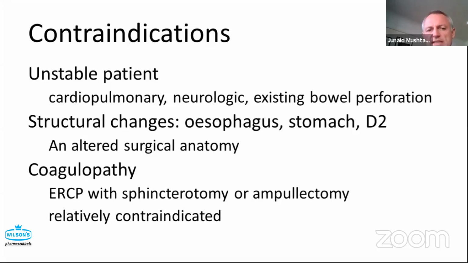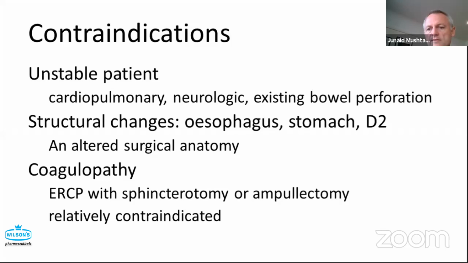So what about contraindications? Well, contraindications may be absolute, and there are actually only a few of those, or they may be relative. So a contraindication is a very, very unwell patient who is essentially unstable: cardiopulmonary, neurologic, existing valve perforation.